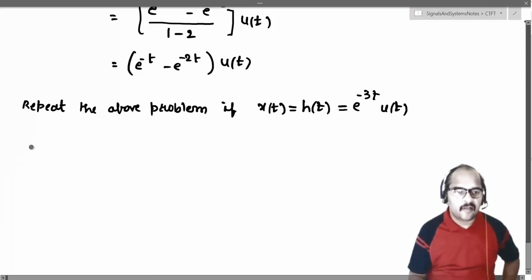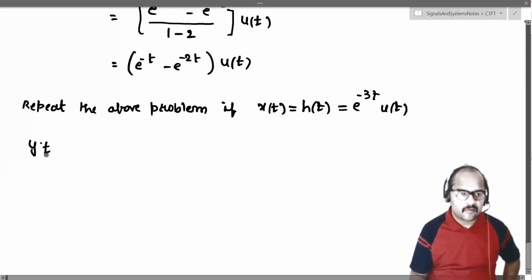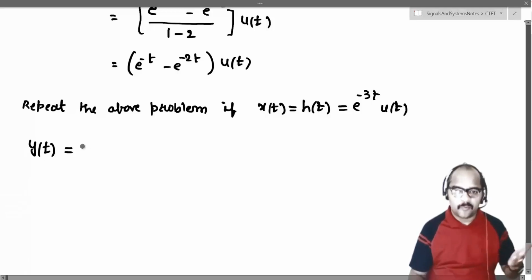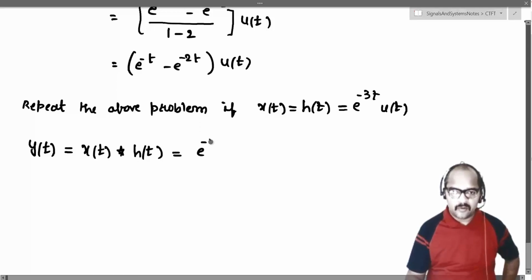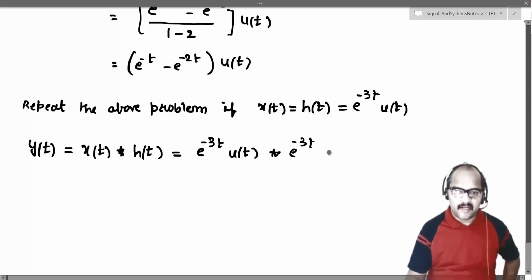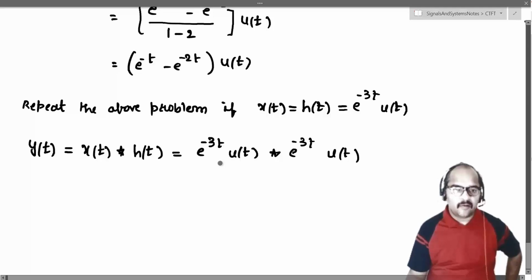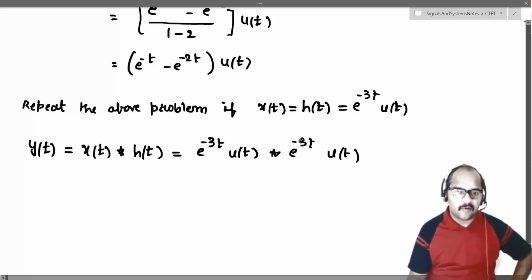We have to find y of t, which is nothing but x of t convolved with h of t. That turns out to be e power minus 3t u of t convolved with e power minus 3t u of t. This looks like e power minus at u of t convolved with e power minus at u of t.